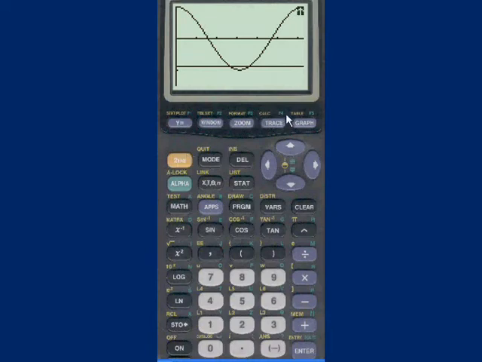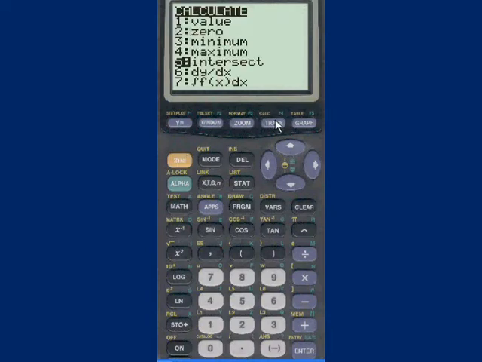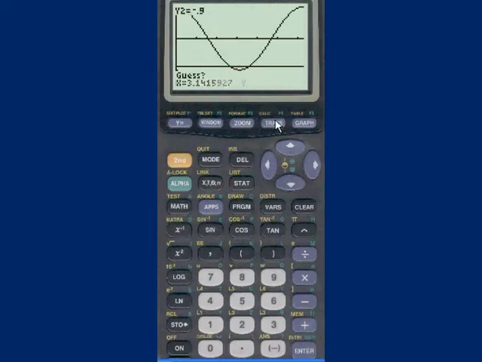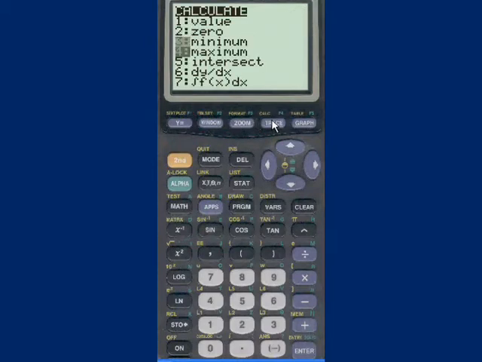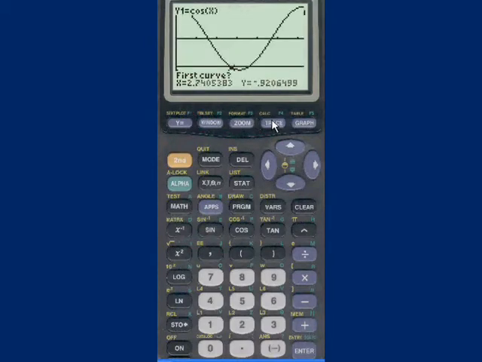calculate the intersections. You can see it happens twice, so we'll go the first curve, second curve. We'll get it here at this place first, and that gives us 2.69 is our first, and the second one is, hang on, that didn't work.